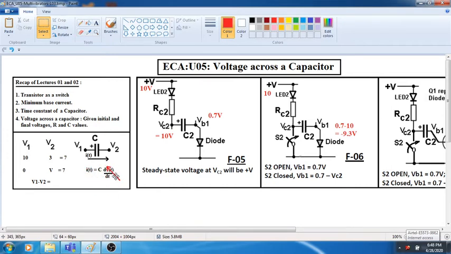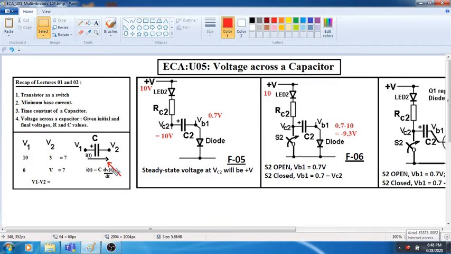You can see here, the numerator is a non-zero value, the denominator is 0. So the current has to be infinity. Which means if I want the voltage across the capacitor to change instantaneously, I must ensure that the current flowing through the capacitor is infinity. Practically, is it possible? It is impossible.